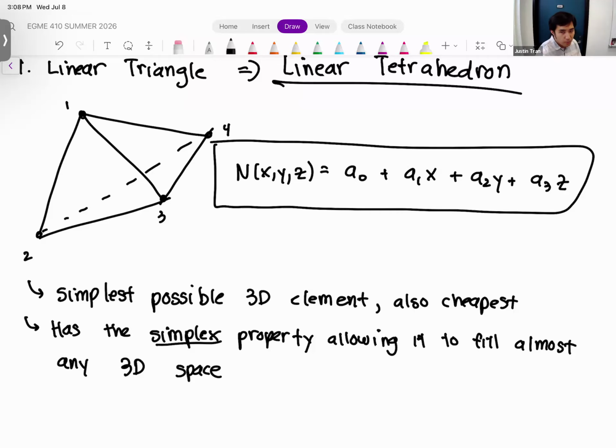Both the triangular elements have this property, so both the 2D triangles and the 3D tetrahedrons.